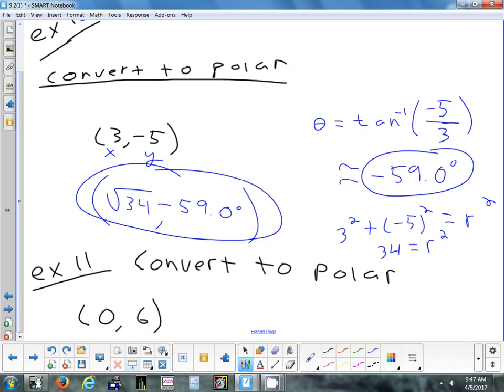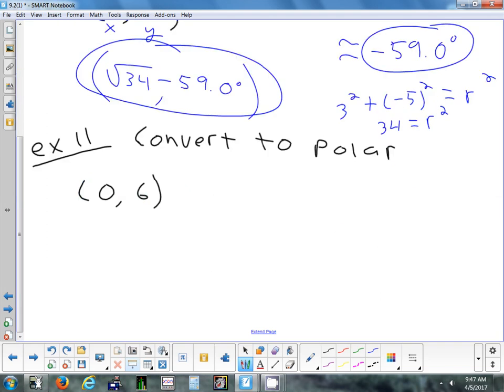Okay, and the last one, this one should be a lot faster because the radius and the angle are both very easy to find. You don't need any formulas. What's the angle if you go up 6 units? Left and right 0, up 6. 90. So that's a 90-degree angle.